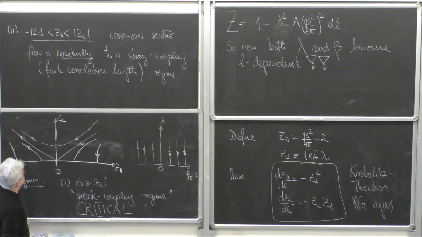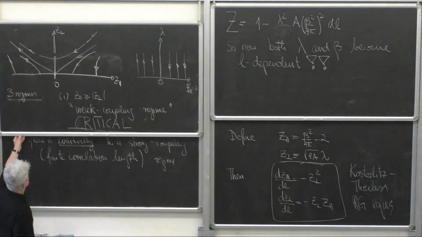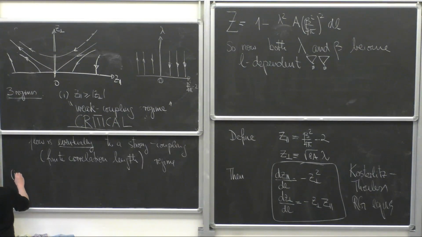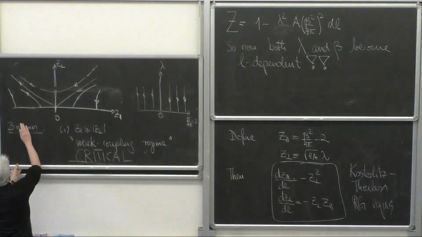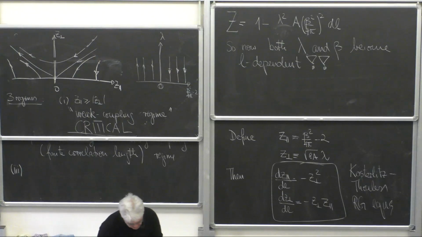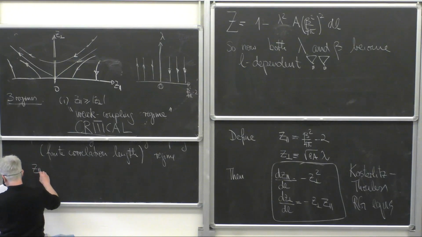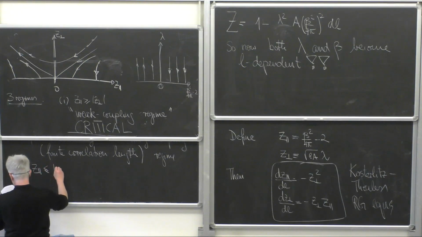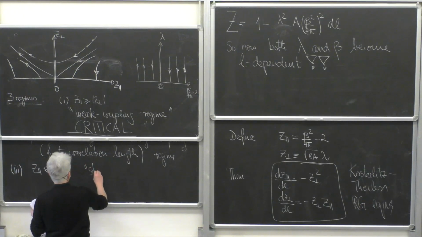And the third regime is just this one here, where you just have a relevant perturbation. So this is Z parallel less than minus Z perp. And so this is the strong coupling.